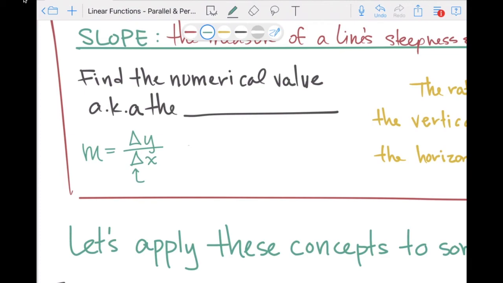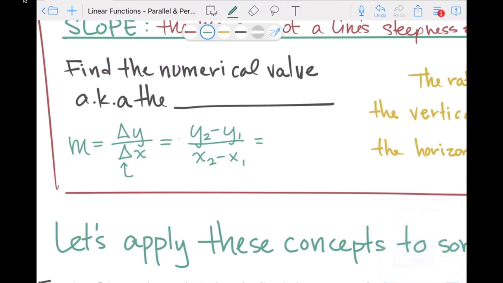It's the Greek letter delta, so it stands for the change in the y and the change in the x. Another way to look at that is the difference in the y's over the difference in the x's. If you're looking at a graph in particular, a lot of people will use the term rise over run. Rise is how far the line goes up or down versus how far it goes left or right.